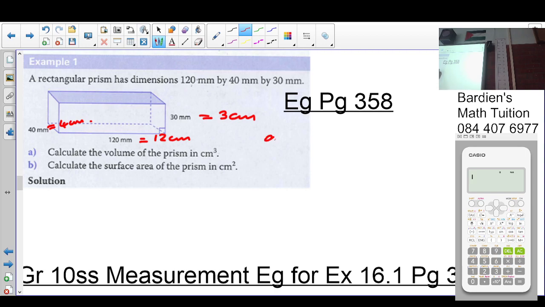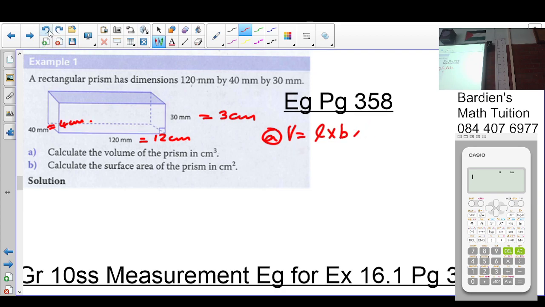So the question is calculate the volume. So volume is equal to length times breadth times height. Remember, the volume of a right prism is going to be area of base times height. So the area of this base, length times breadth, times height, which is the depth of the object or the thickness. You guys understand?